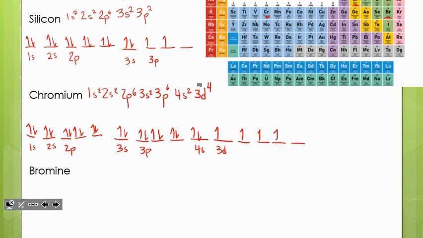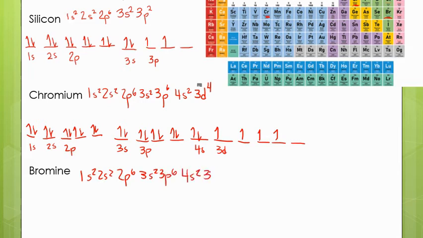And then the last one that we're going to work on is bromine. So bromine's electron configuration: 1s2, 2s2, 2p6, 3s2, 3p6, 4s2, 3d.